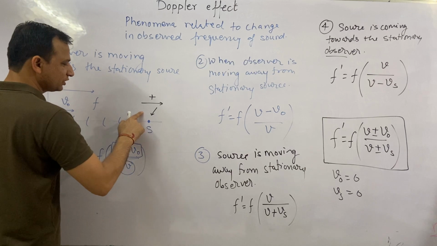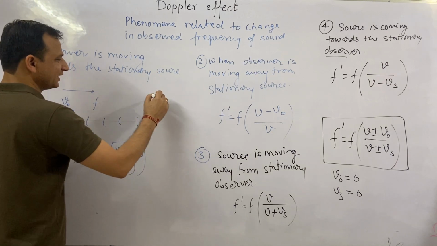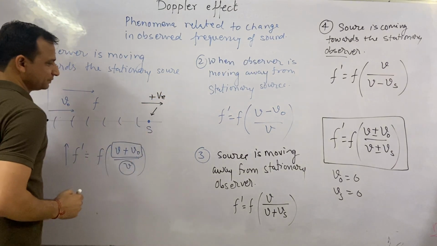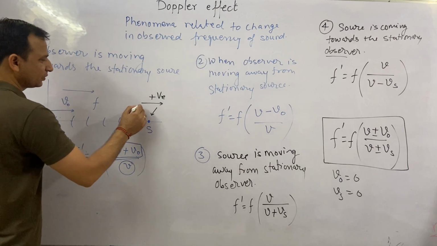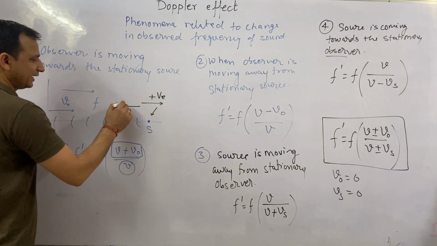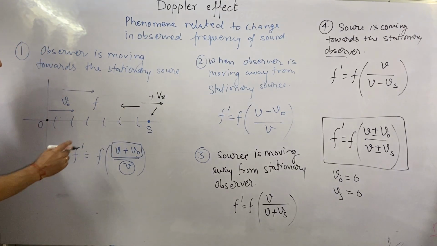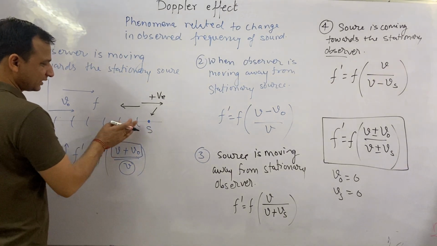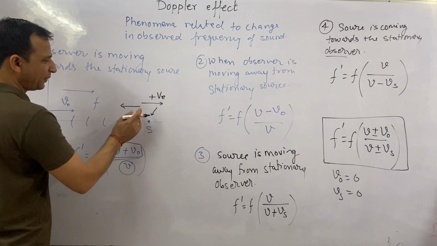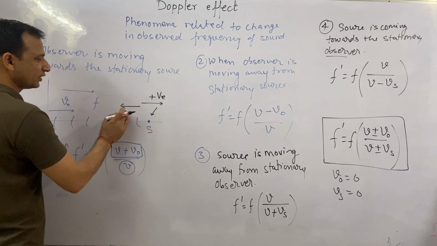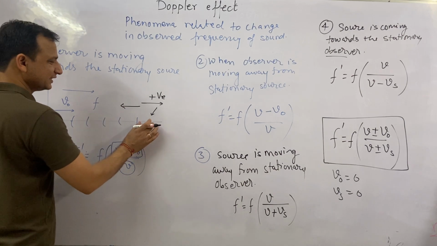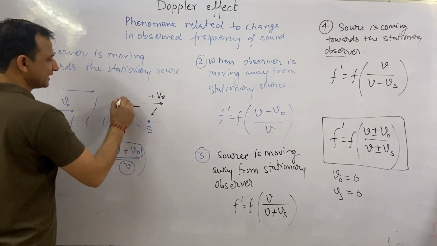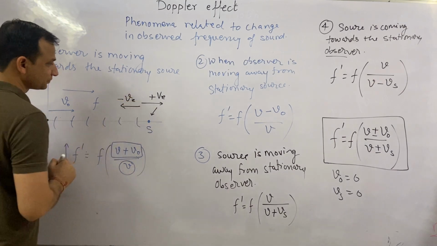So when the source is moving away, take the positive sign. And when you go towards the left side of the origin, you take the negative sign. So as you go towards the left of the current position of the source, take the negative sign.